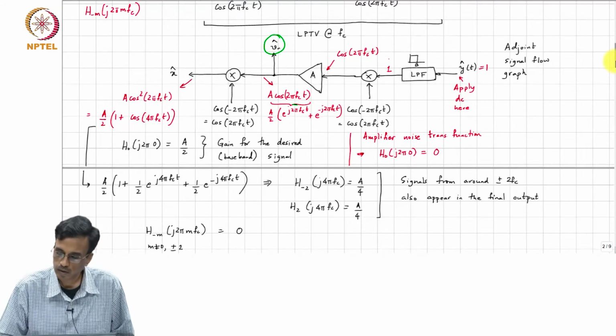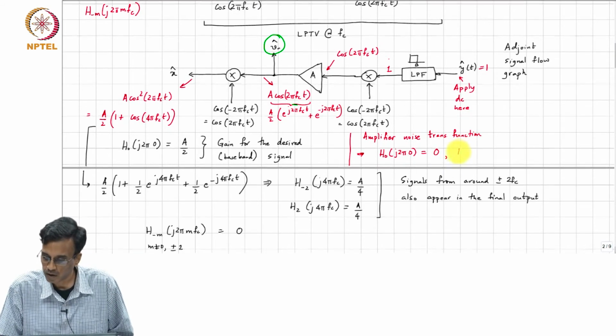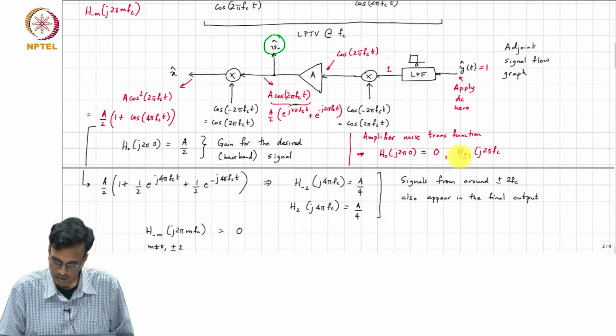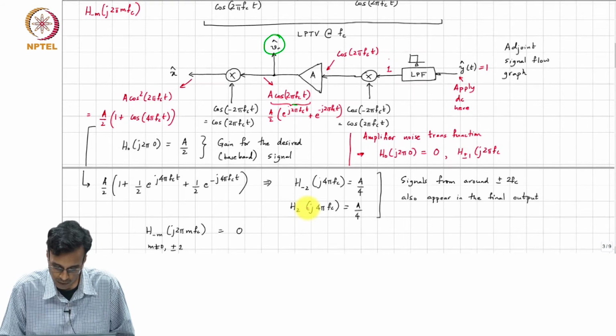Now, what comment can we make about h plus minus 1 of j 2 pi fc? Sorry, this must be h minus 2 of, and this must be minus.